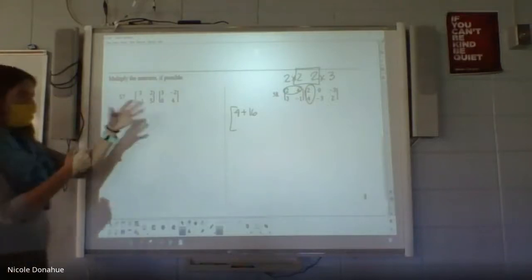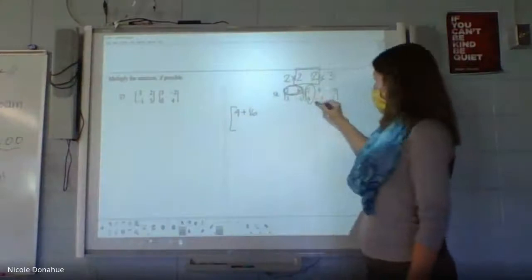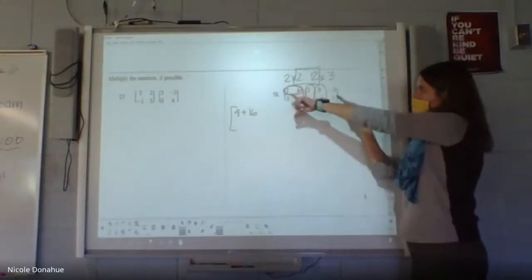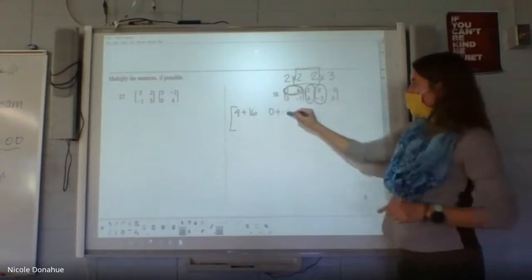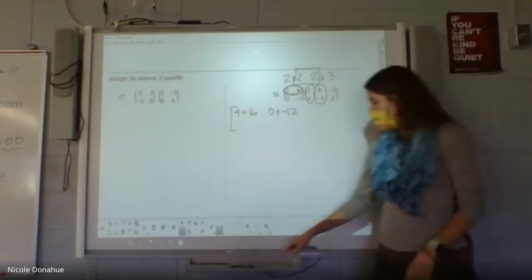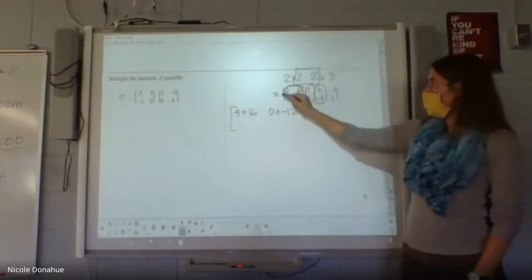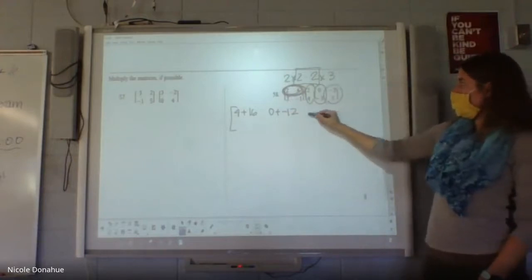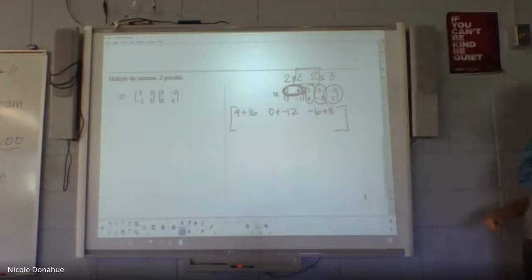And so if you add that, you'd get 20. Then I have this row times this column: 2 times 0 plus 4 times negative 3. And then this row and this column, negative 6 plus 8. I have to do the same thing with the bottom row.